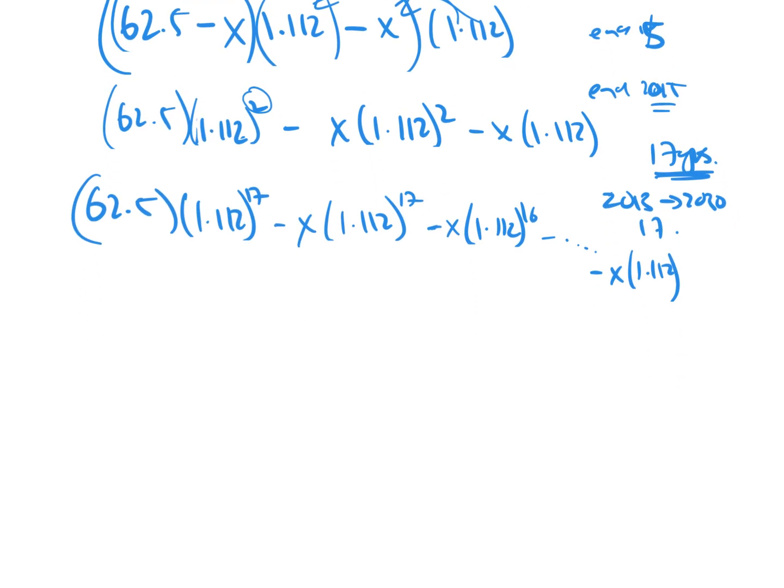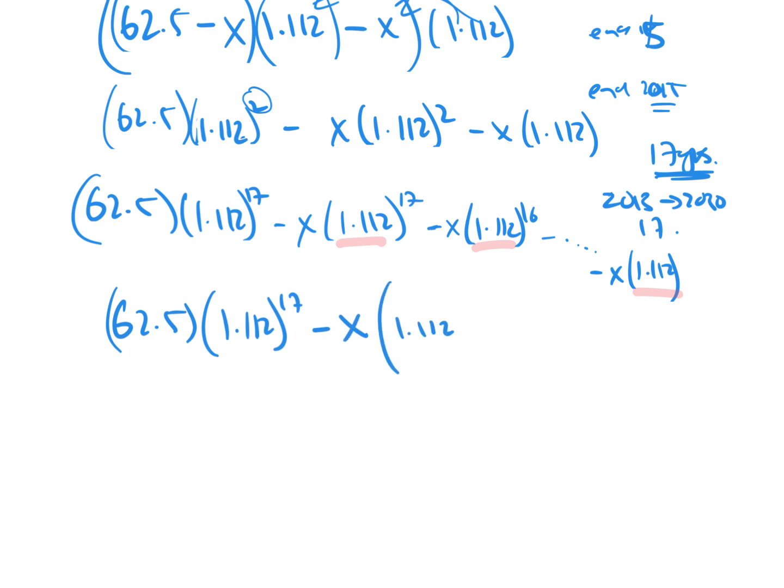And so if I recognize, I can see that this here is a geometric series. So I go 62.5 times 1.112 to the 17th minus, and if I factor out the minus sign, I can factor out the x, and then I have 1.112 to the 17th plus 1.112 to the 16th plus all the way to 1.112.